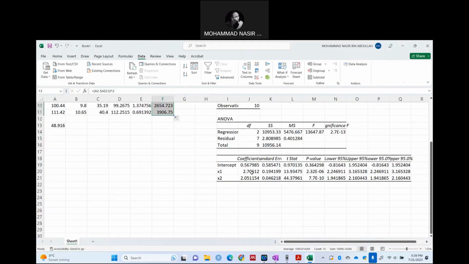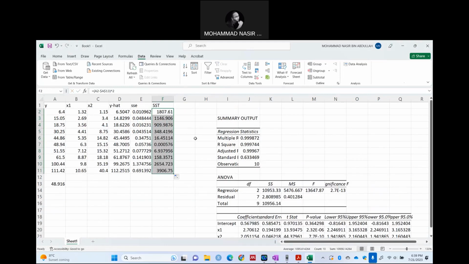So the total should be 10956, right? Okay. So from there you construct the table and so on for the assignment.